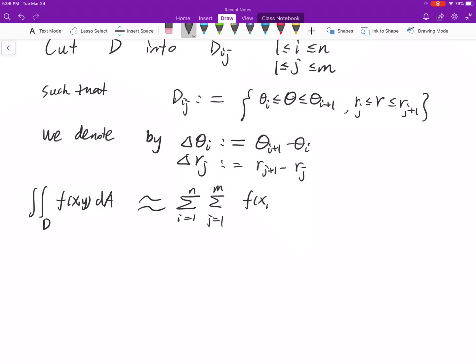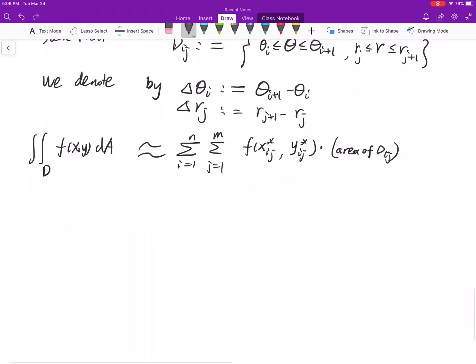For each Riemann sum, you pick a point inside the small region, and then you calculate the product of the function value with the area. So here the area is the area of Dij.